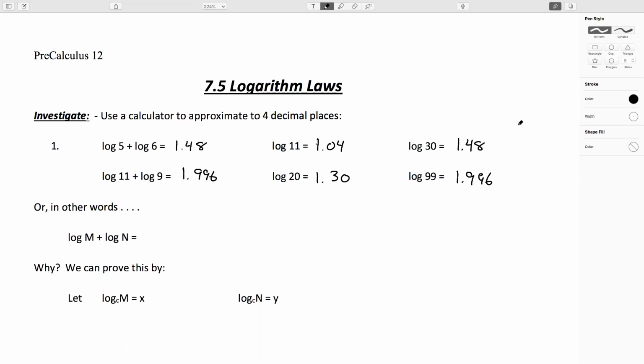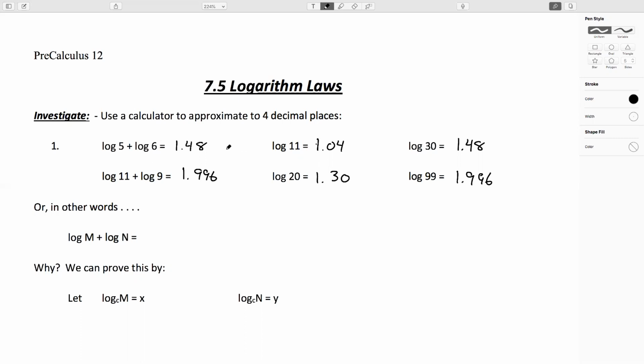If you look at all the numbers across a row, I think you'll see a pattern. The first one is log 5 plus log 6. That's 1.48. Log 11 is 1.04. 11 is 5 plus 6, and we see that log 11 is not the same as log 5 plus log 6.